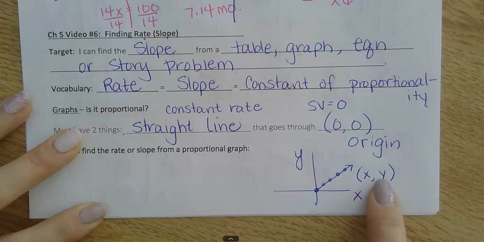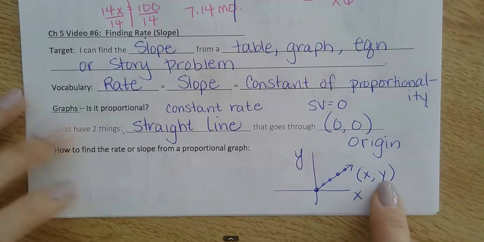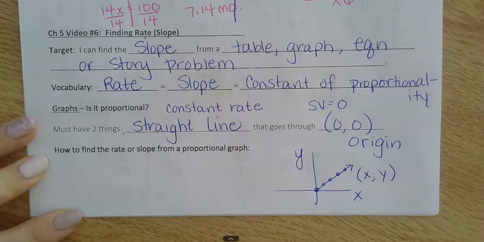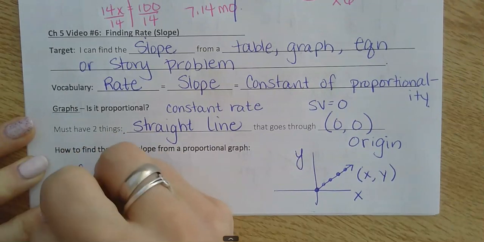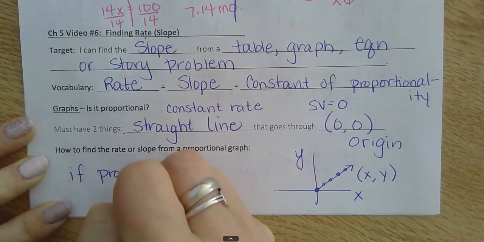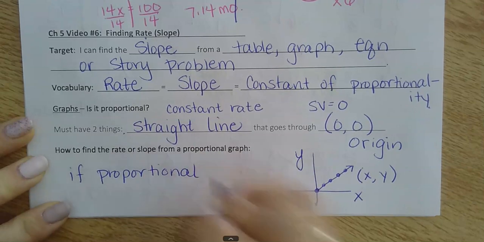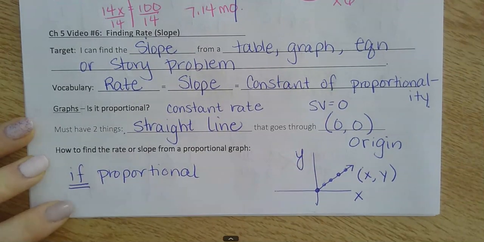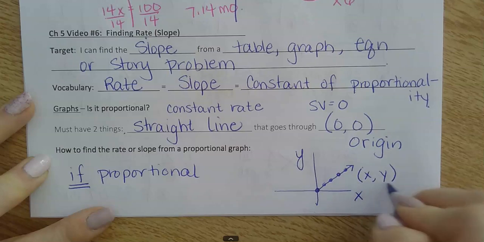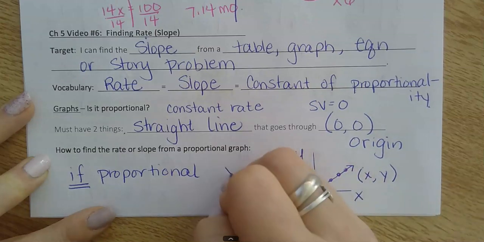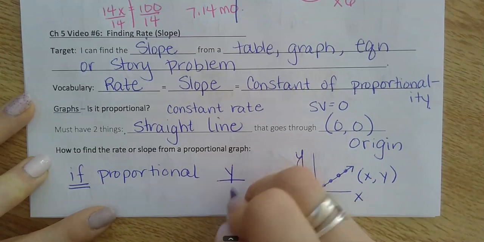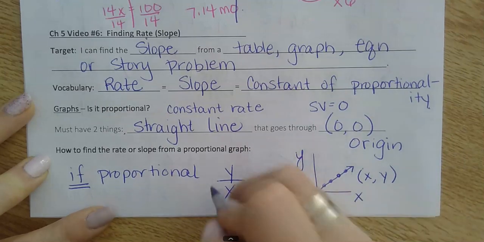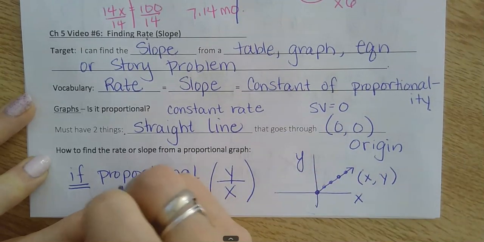And if they label them here on the graph, x, comma, y, I could take any of those points, and if it's proportional, then I'm simply going to take those x and y values and do y divided by x and divide.